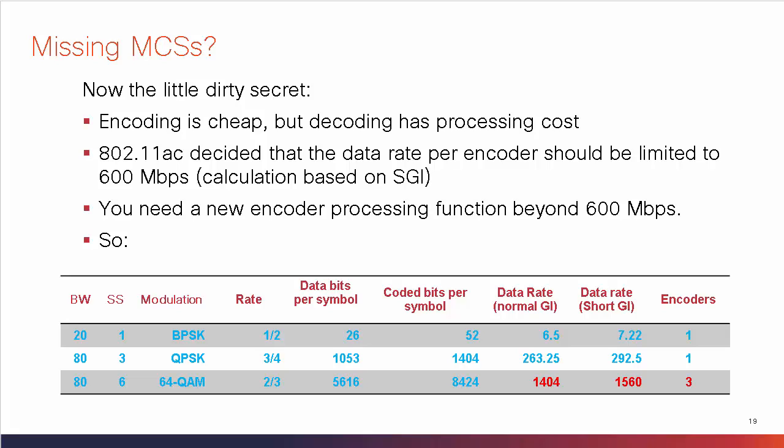And one limitation we know of is that encoding is cheap from a processing standpoint. Going through the scrambler, etc., all the process we saw together is pretty cheap and simple on the processing consumption standpoint. But decoding is much more complex because you're receiving a wave. You have to separate the spatial streams from one another.